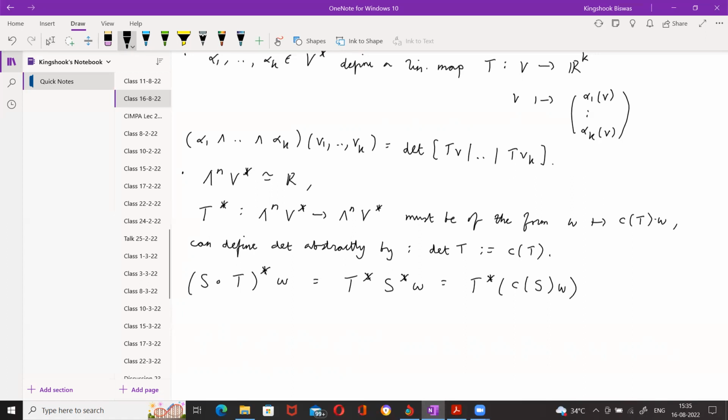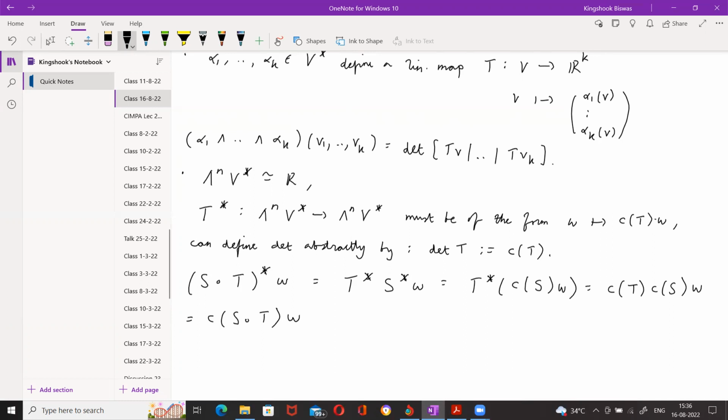And T star of this, I'll get c of T times c of S, right, times omega. Yes? Yes. But on the other hand, this by definition is also equal to c of S composed with T times omega, right? So therefore, I get that c of S composed T is equal to c of T times c of S, right?